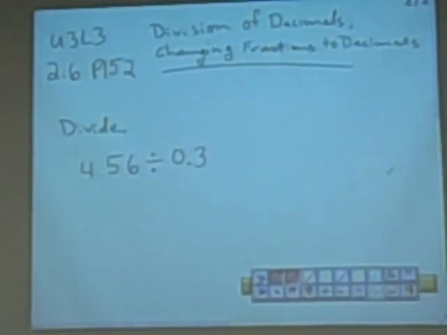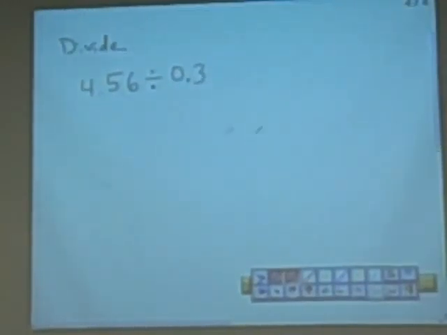Okay, so when you're working with two numbers like this, with decimals especially, I like to go ahead and write it in rational form or fraction form, because it becomes clearer to you which one's the divisor, which is the denominator, and which one's the dividend, which is the numerator.